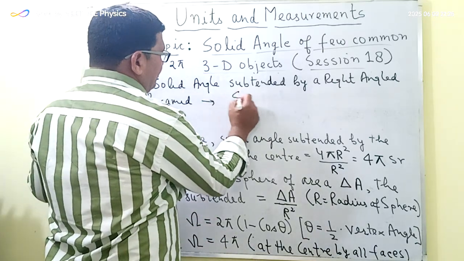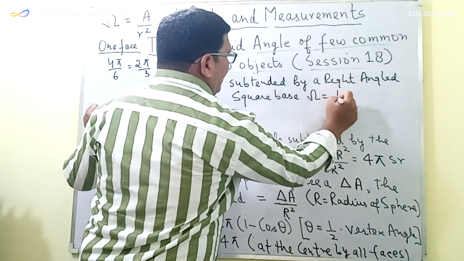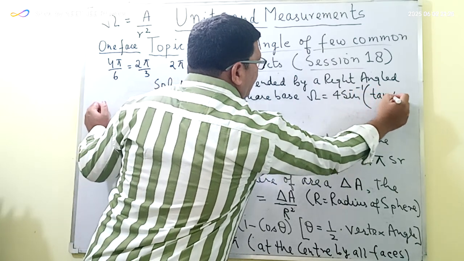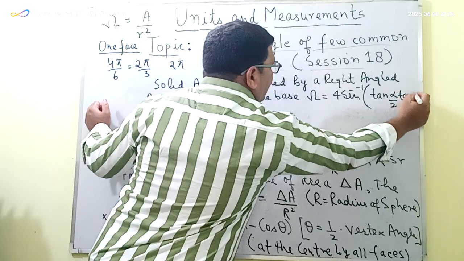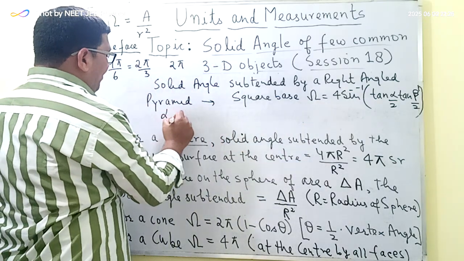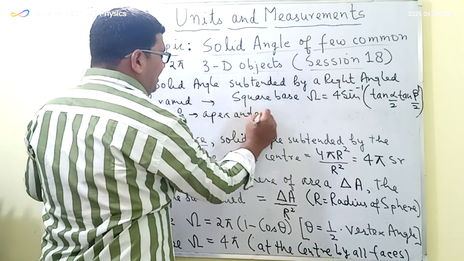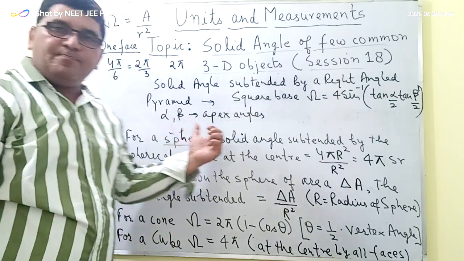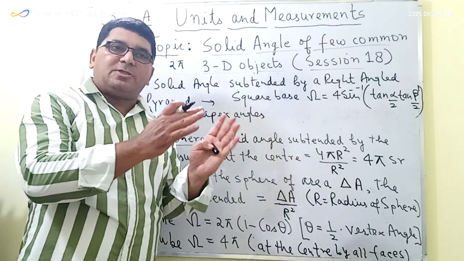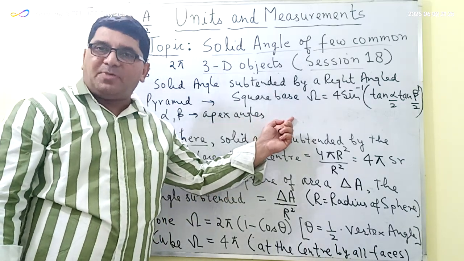So for a rectangular base, the solid angle is given by 4 sine inverse of tan alpha by 2 into tan beta by 2, where alpha and beta are the apex angles, and alpha and beta are the angles between two pairs of consecutive lateral edges which are meeting at the apex of the pyramid.